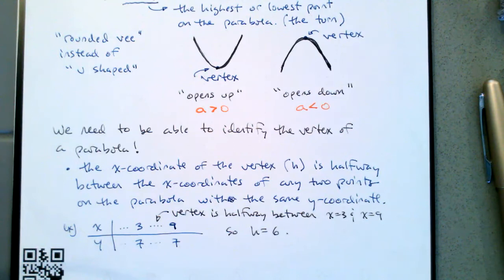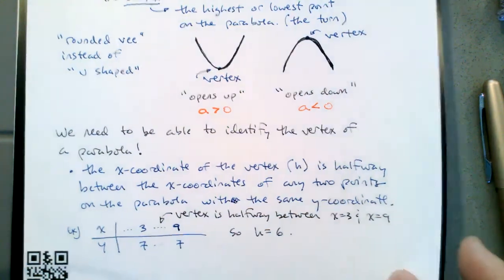If we're looking at the equation of a quadratic function and it's in vertex form, then that form will tell us exactly where the vertex is.